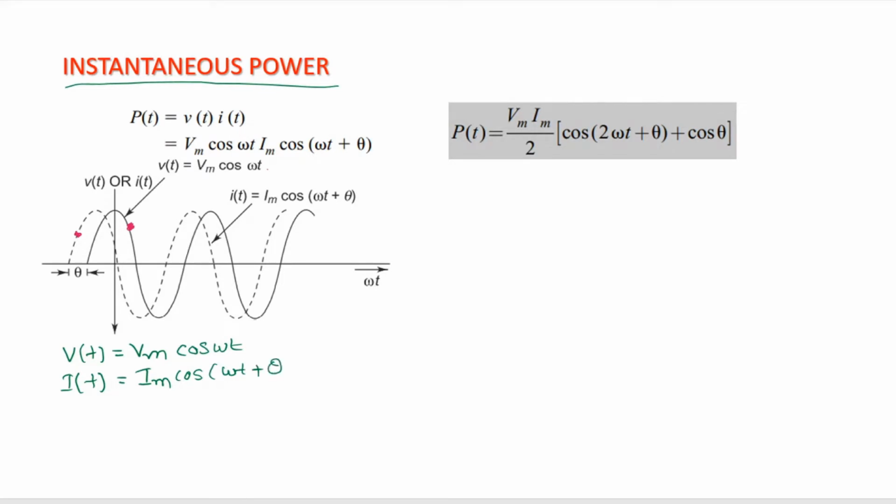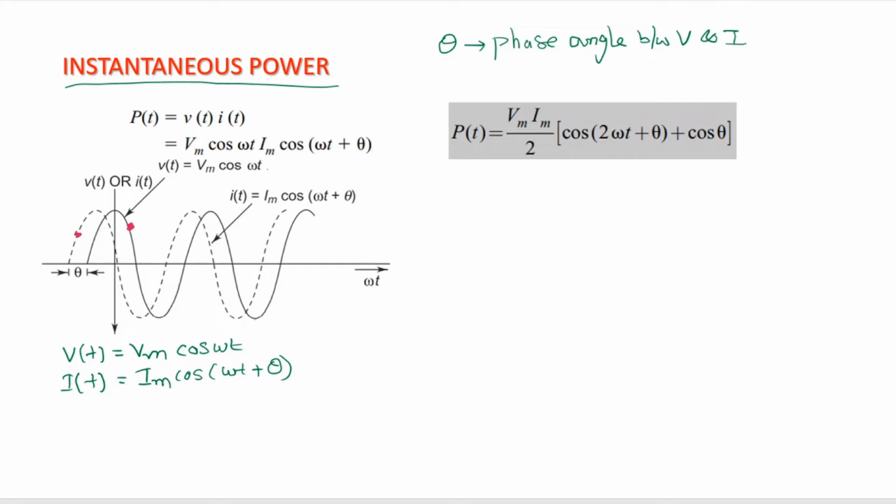What is the reason why I am writing theta here? Theta is nothing but the angle between this voltage and current. Remember this thing, theta is nothing but the phase angle between voltage and current.